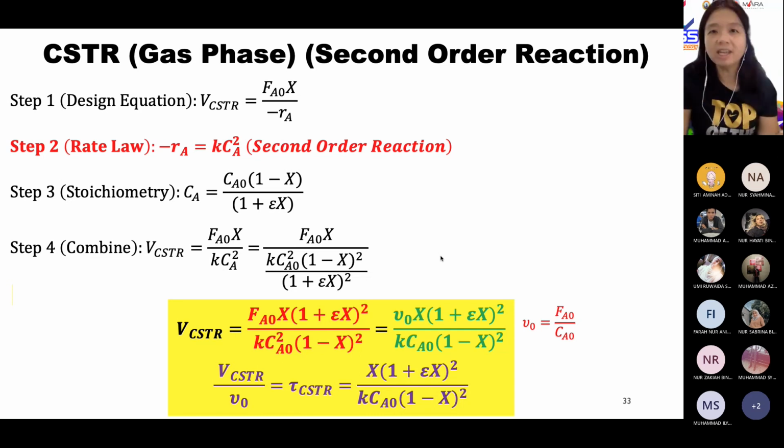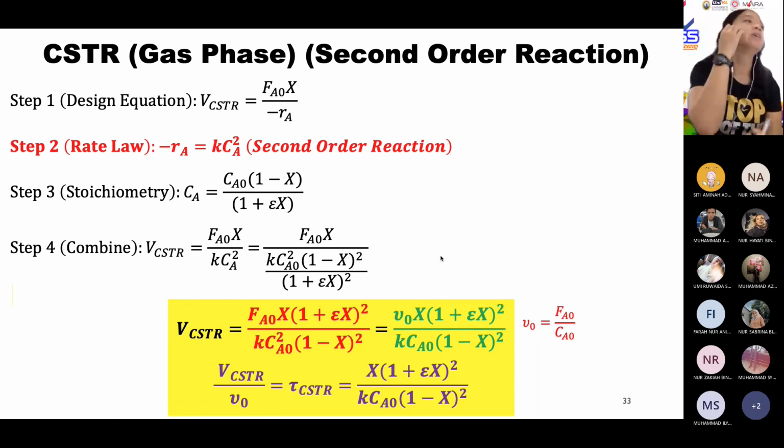Also, it can be a completely different reaction. It can be completely different design equation. So very, very important to bear this in mind when you really work in a real application. When you want to do any changes in the reaction, kamu kena aware that it has a very big implication towards the design reactor and towards the performance of your reactor as well.